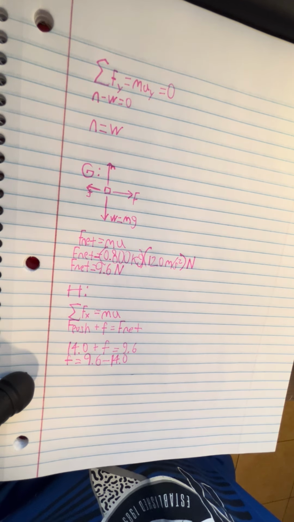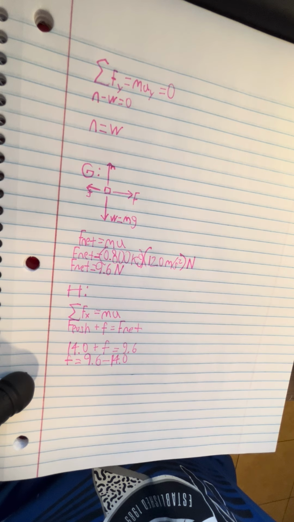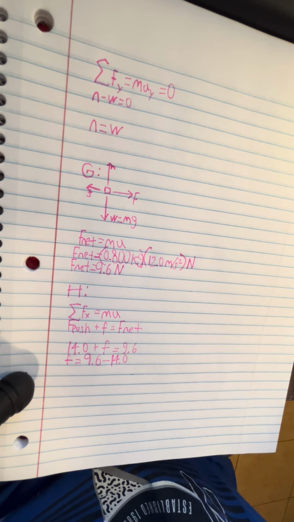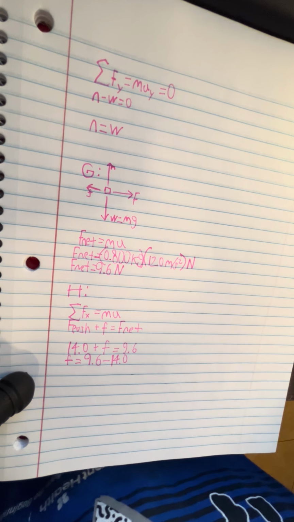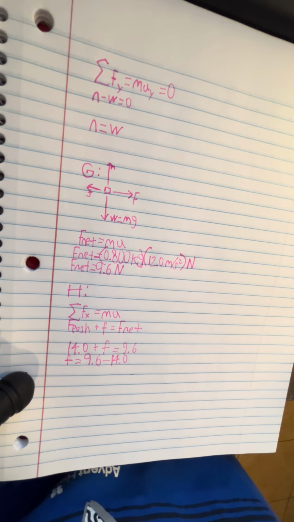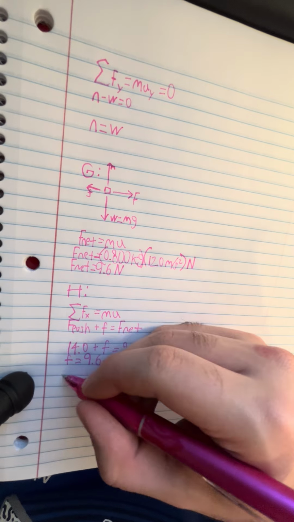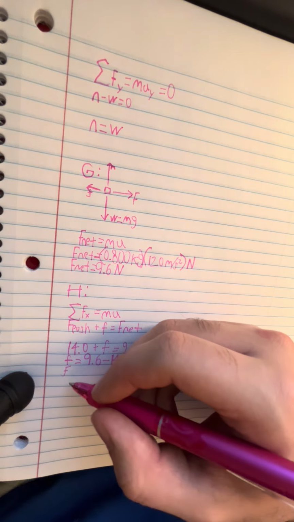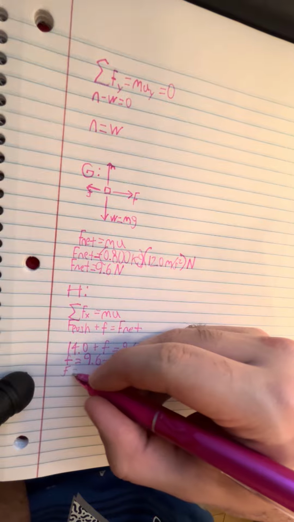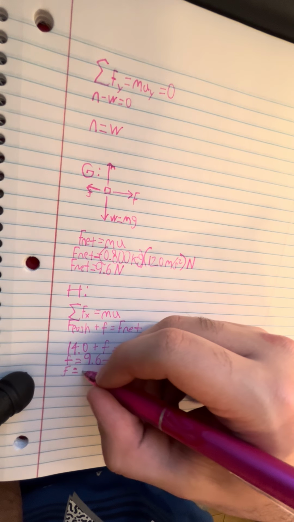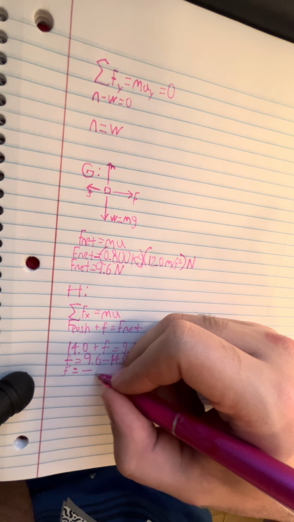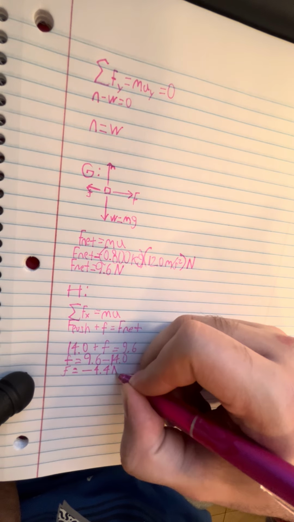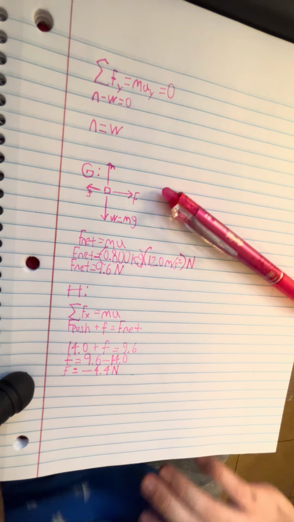And if we plug that into a calculator, 9.6 minus 14.0, we get our final answer. And that is that the opposing value, or the friction, is equal to negative 4.4 newtons, in the opposite direction.